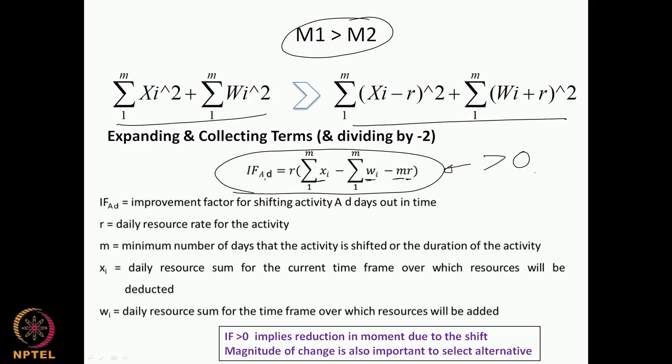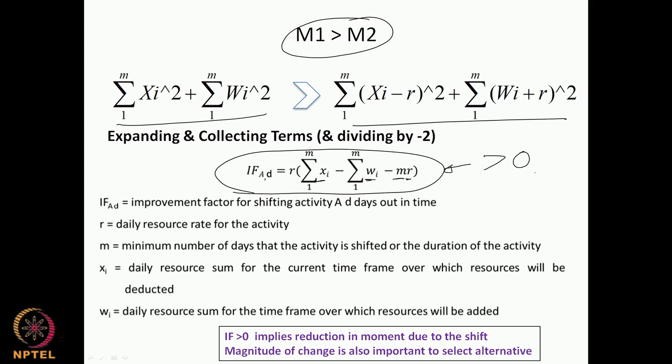If the improvement factor is equal to 0, then the moment of the histogram remains the same. If the improvement factor is less than 0, it means that the moment of the histogram has increased because of the shift. So this gives me an indicator whether I should make a shift or not.